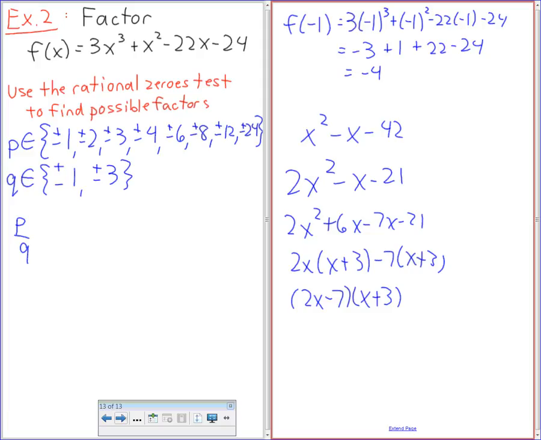Even though 42 would still be our number, you'd be thinking of the factors of 21, which are 7, 3, 1, and 21. And the leading coefficient is 2. So from here, P is 1, 2, and so on, and Q is going to be 1, 2. So it's related to both of those.